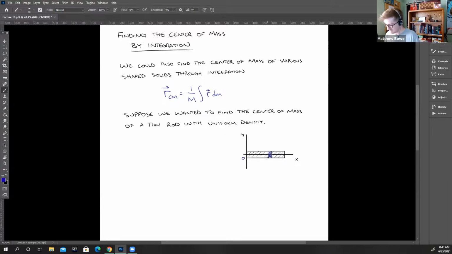So this thin slice, we're going to look at all of the particles in this slice, and all of them have some mass in this little blue slice that I have right here. So I'm going to take a slice here, a slice right here, another slice right here. You see how they just add up.